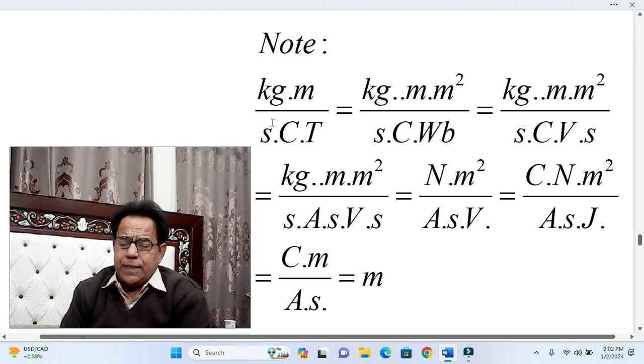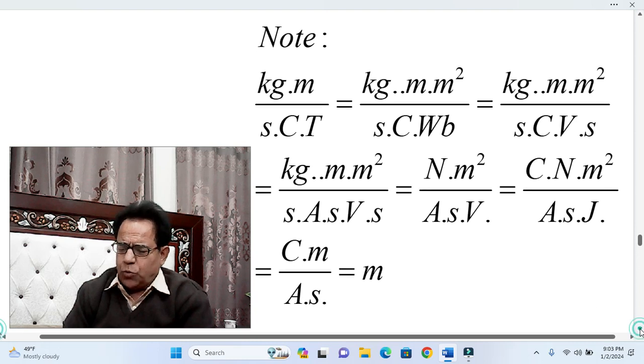It means due to conversion of so many units into one unit, the denominator is equal to kilogram. So 1 kilogram is equal to 1 second into 1 coulomb into 1 Tesla. Now we move forward.